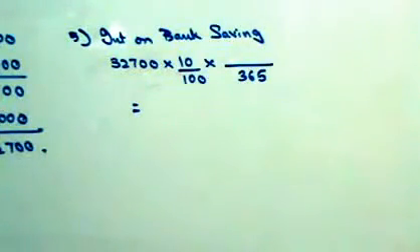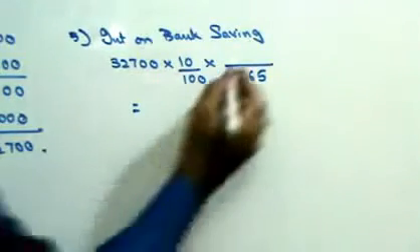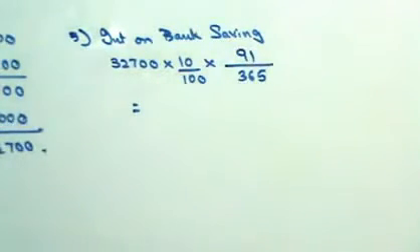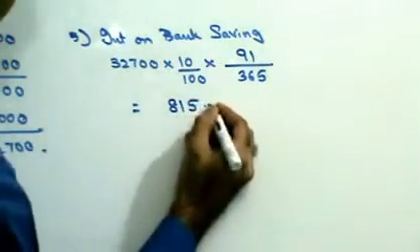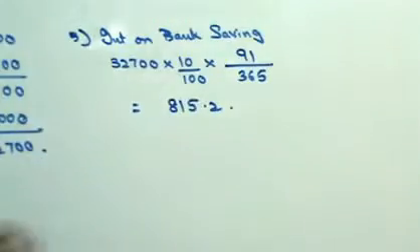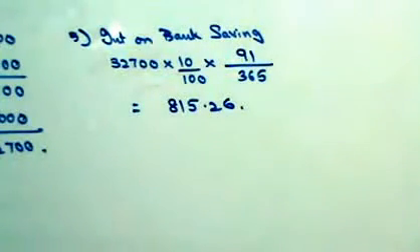So that is 60, 90, 91 days. So add up the days. Someone please work this out. It comes to 815.263. Right? Now, that's my quarterly interest.